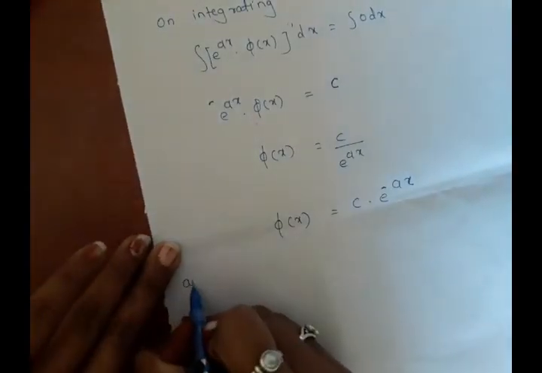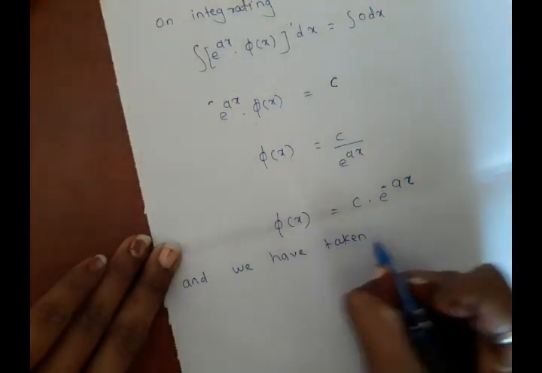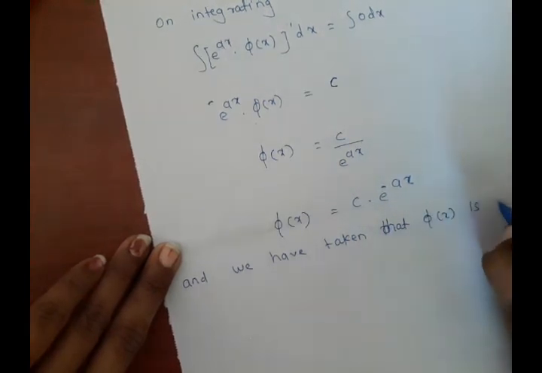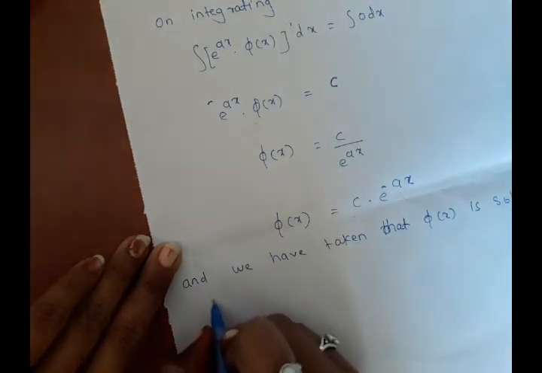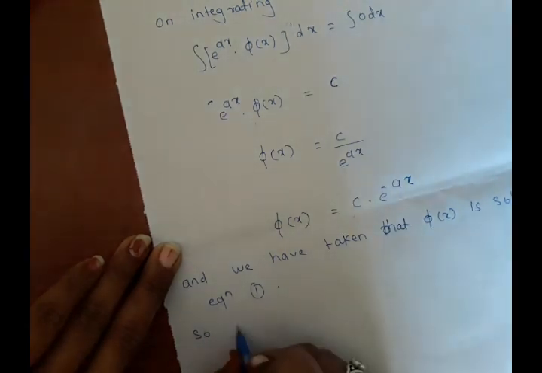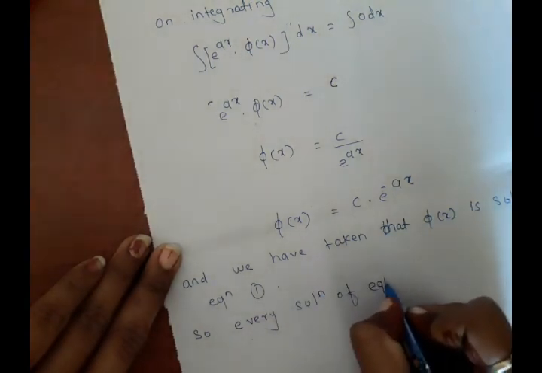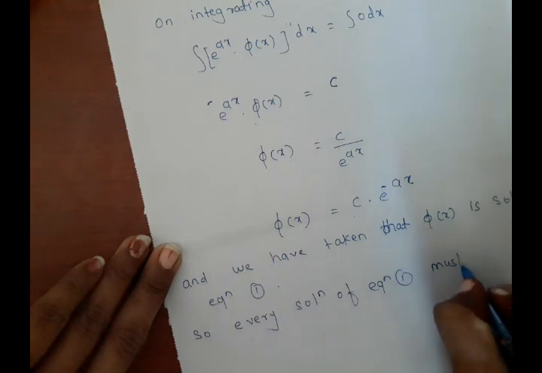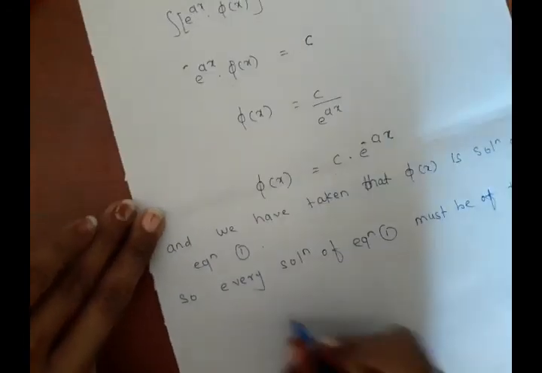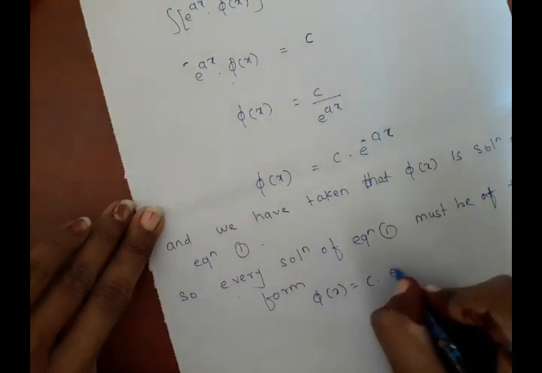Next, we have taken that phi(x) is a solution of equation 1, so every solution of equation 1 must be of the form phi(x) = c e^(-ax).